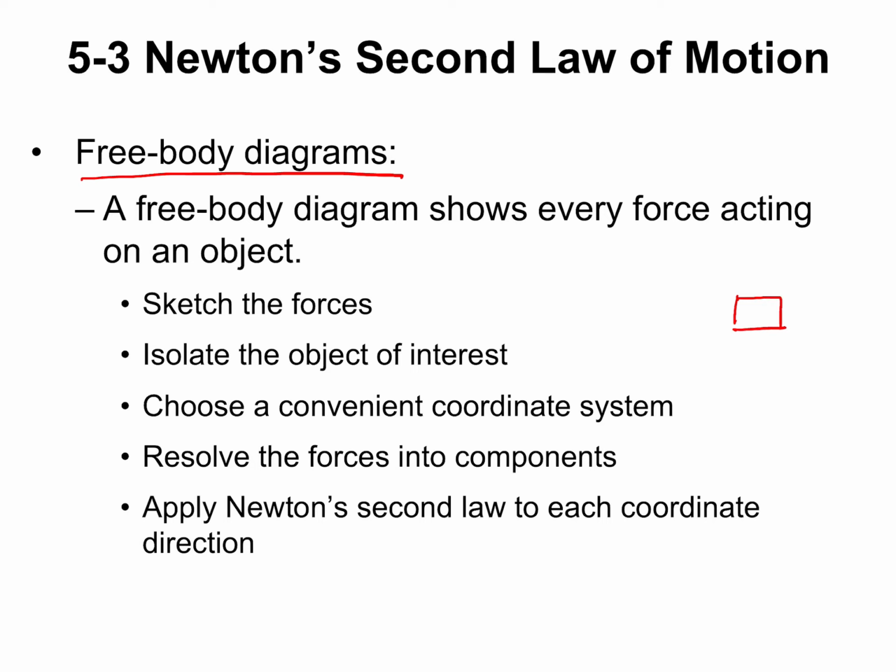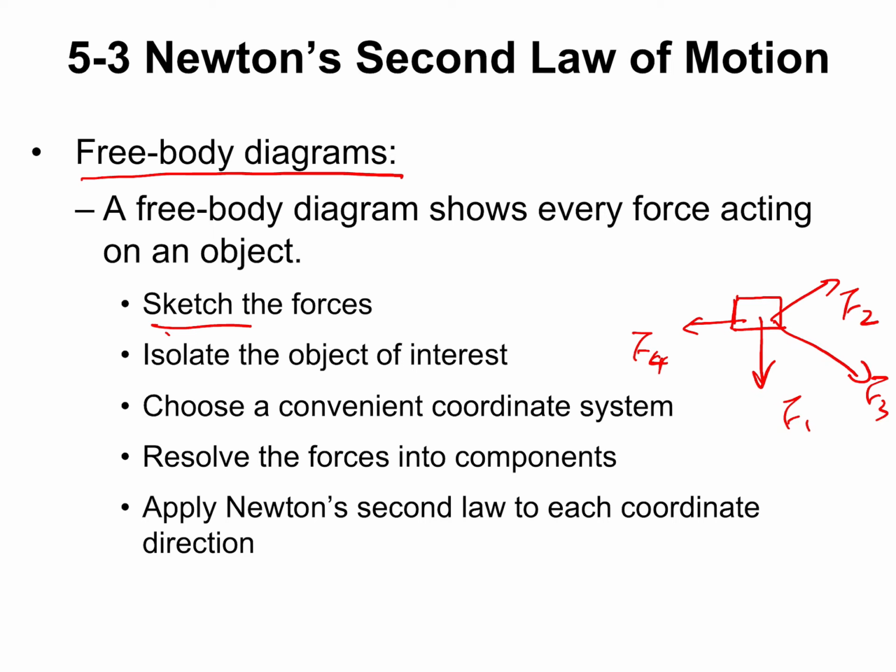Then you label all the forces, which means you have to identify all the forces on this object. We call them F1, F2, F3, and if it turns out you have a fourth force, F4. I'll tell you what kinds of forces later. You sketch all the forces on this object.